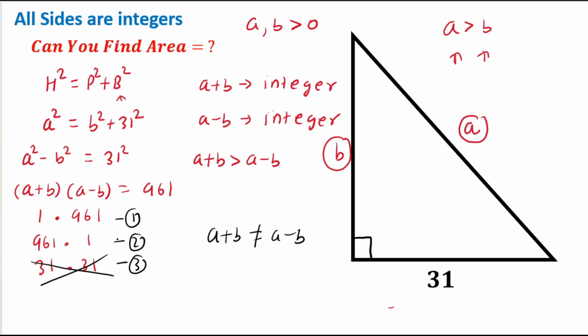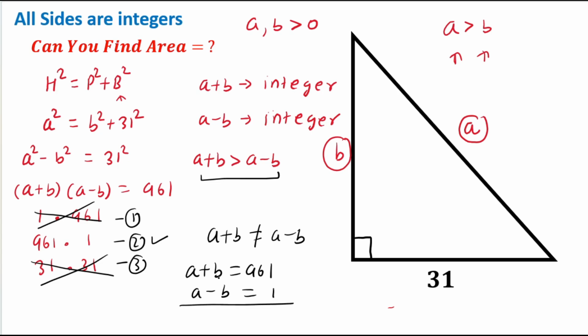And here A plus B is greater than A minus B. It means this first case is also rejected. So here we have only the second case, that is A plus B equals 961, and A minus B equals 1. If we add both the equations, then plus B and minus B cancel out.